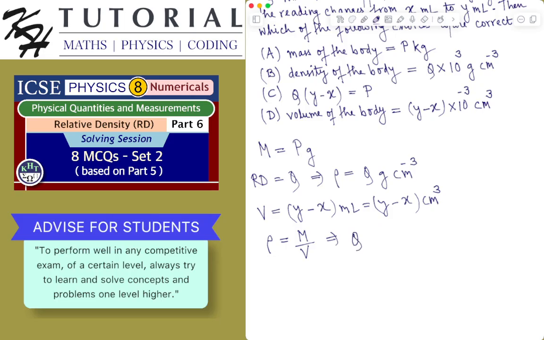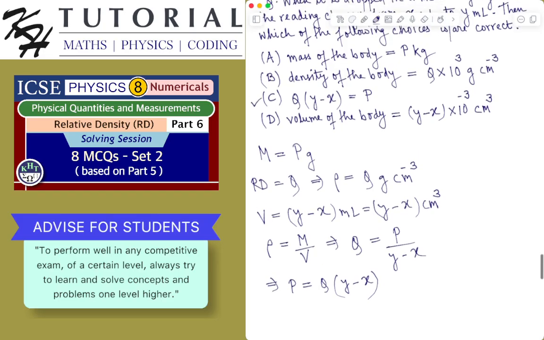So we have Q is equal to m by V, mass is P, and the volume is y minus x. This implies that P is equal to Q into y minus x. So definitely choice C has to be a correct choice.